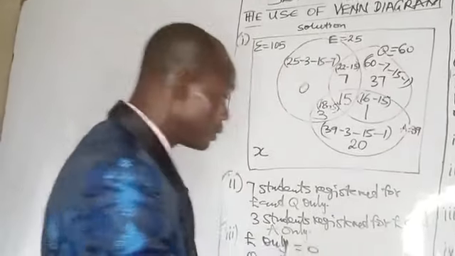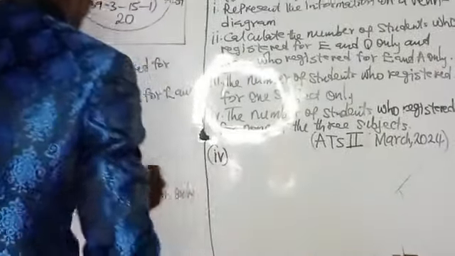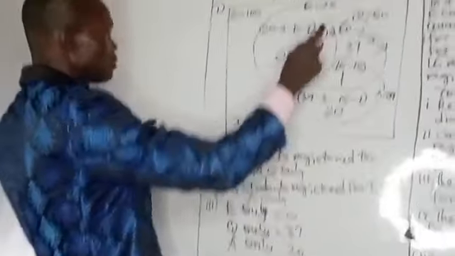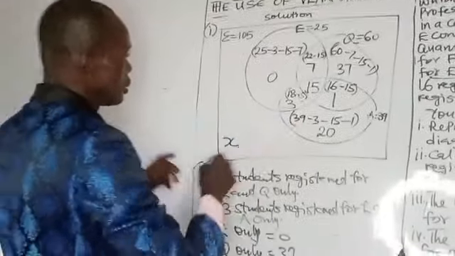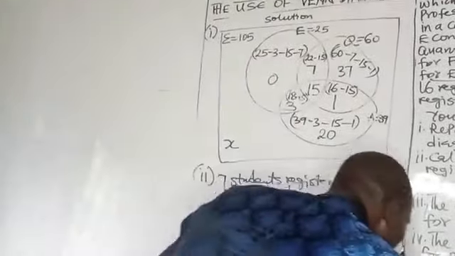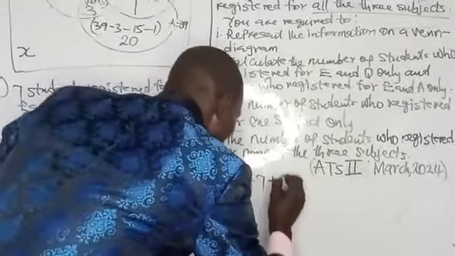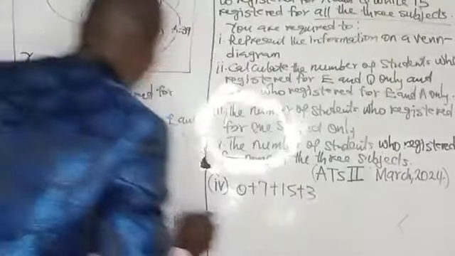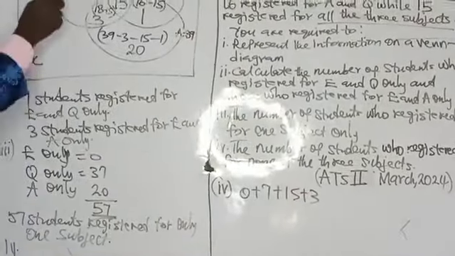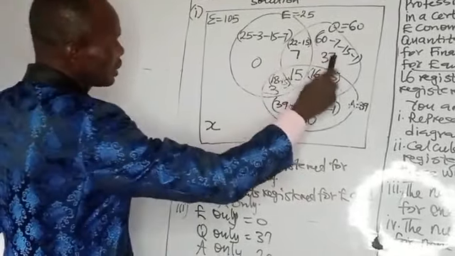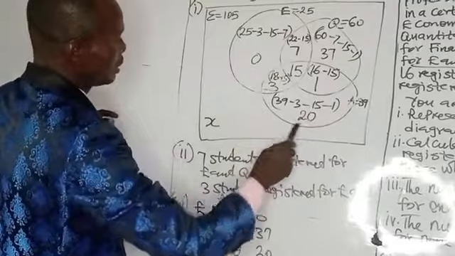So number 4, you sum up everything in the circles. 0 plus 7 plus 15 plus 3, then plus 37 plus 1 plus 20.